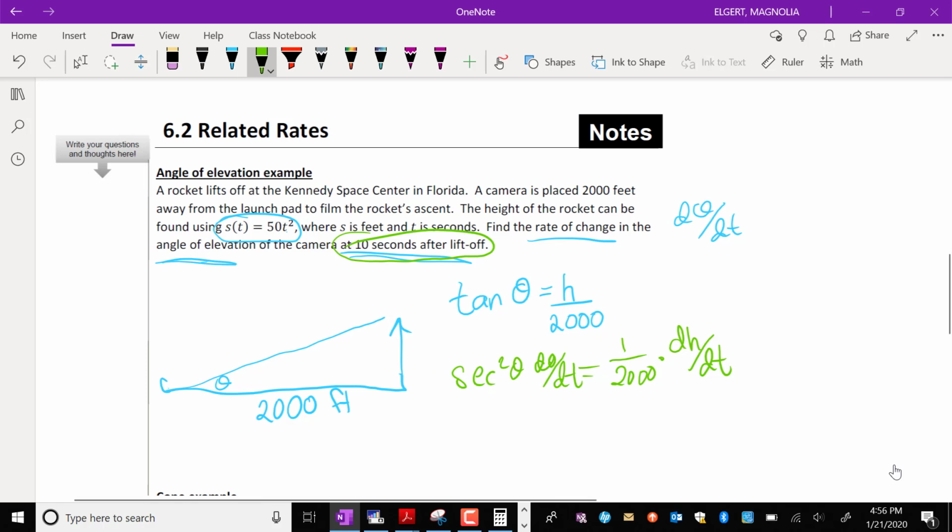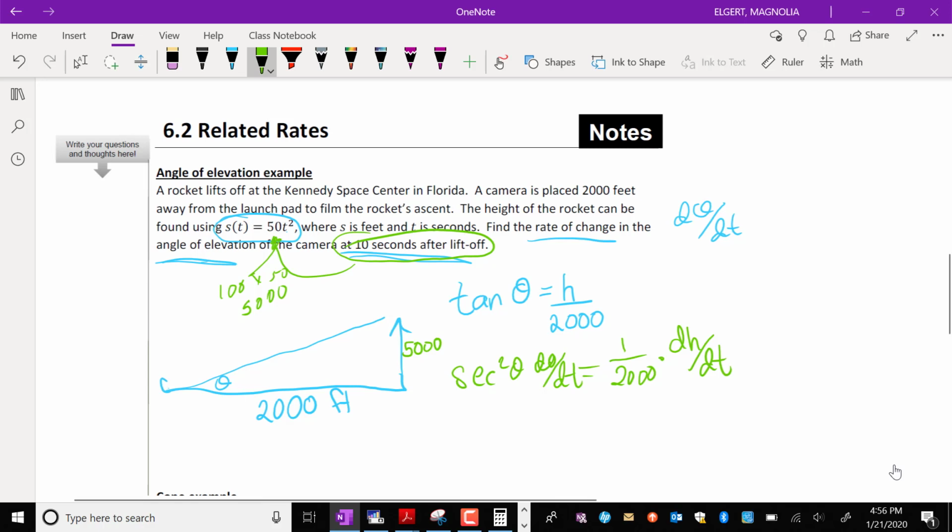If you plug 10 seconds into the equation they give you, you get the height of the rocket. If I plug 10 in there, I get 100 from the t squared times 50, and that gives you 5,000. So the height of the rocket is 5,000.